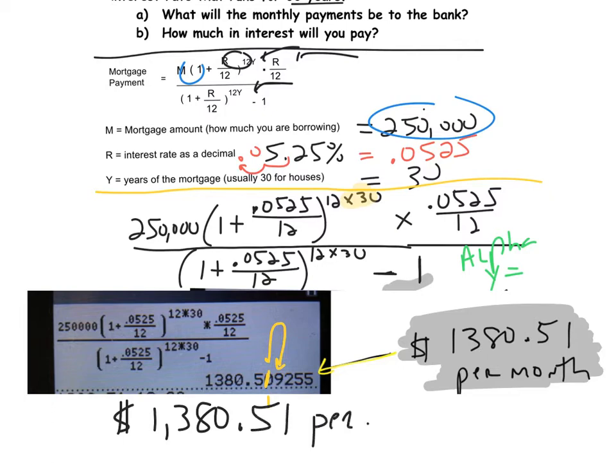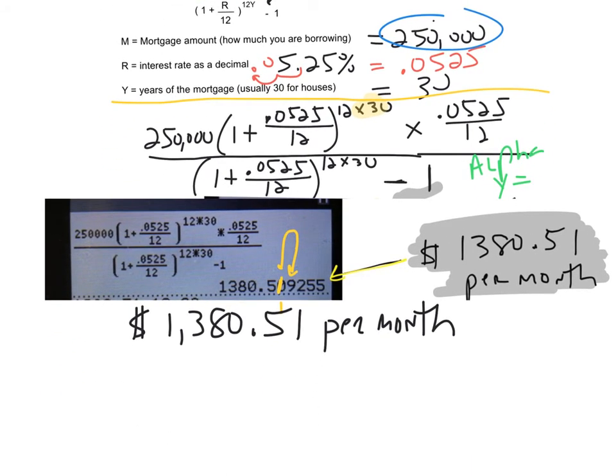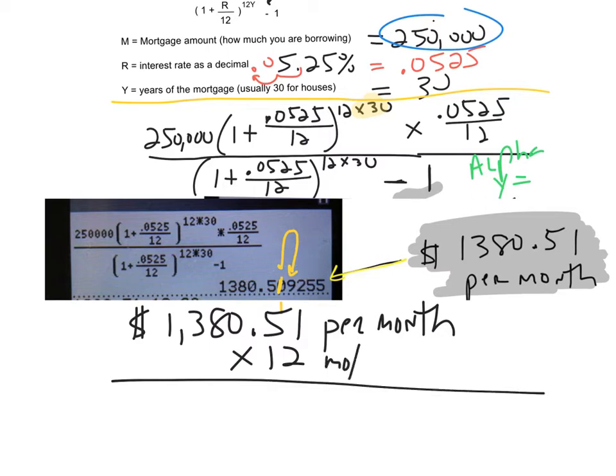Now what we need to do is we need to try to figure out how much in interest this mortgage is costing you. So what's going to happen is you're going to take your monthly payment, your $1,380.51. This is your monthly payment, so we're going to multiply it by 12 because there's 12 months per every year. So that means this next number is going to tell you how much per year your mortgage is going to be.